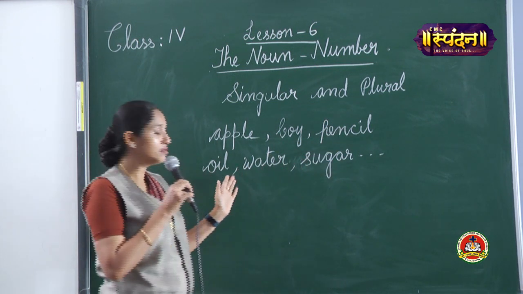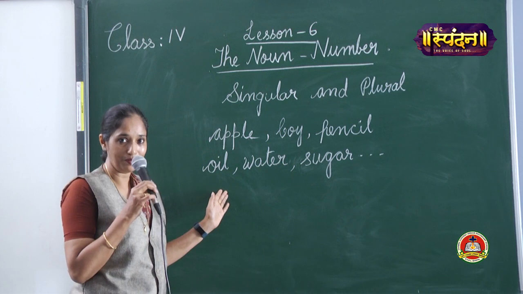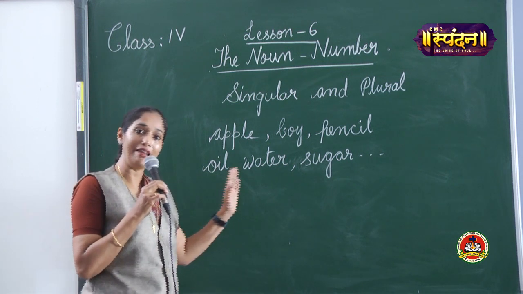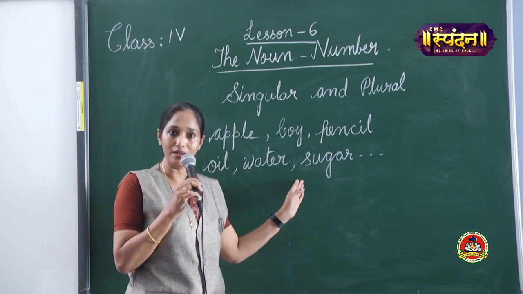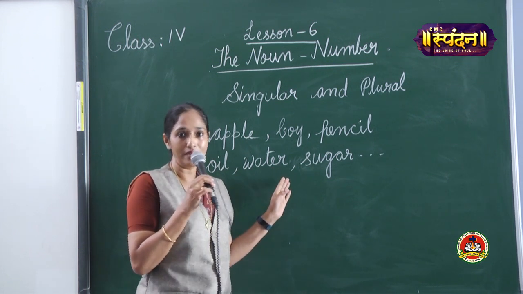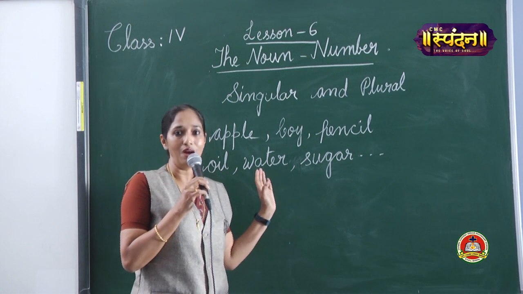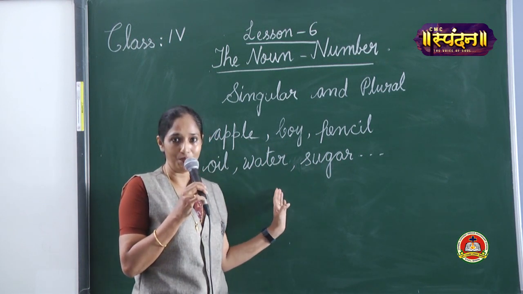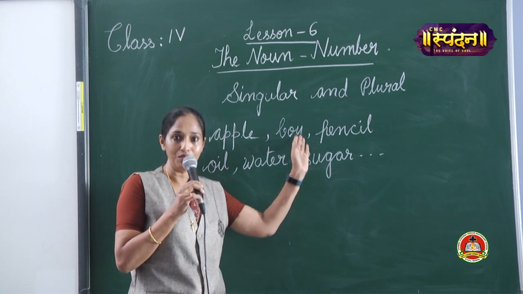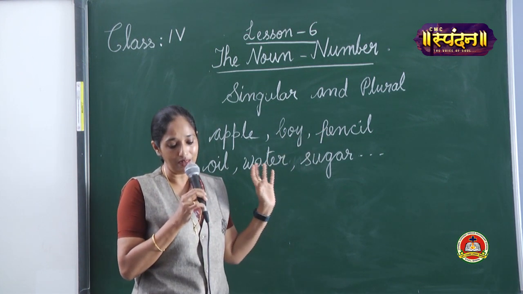But what about the uncountable nouns? We never say 1 oil and 5 oils, 1 water and 100 waters. It sounds quite absurd. So uncountable nouns, we cannot form the plural form. Countable nouns, we can form the plural form.